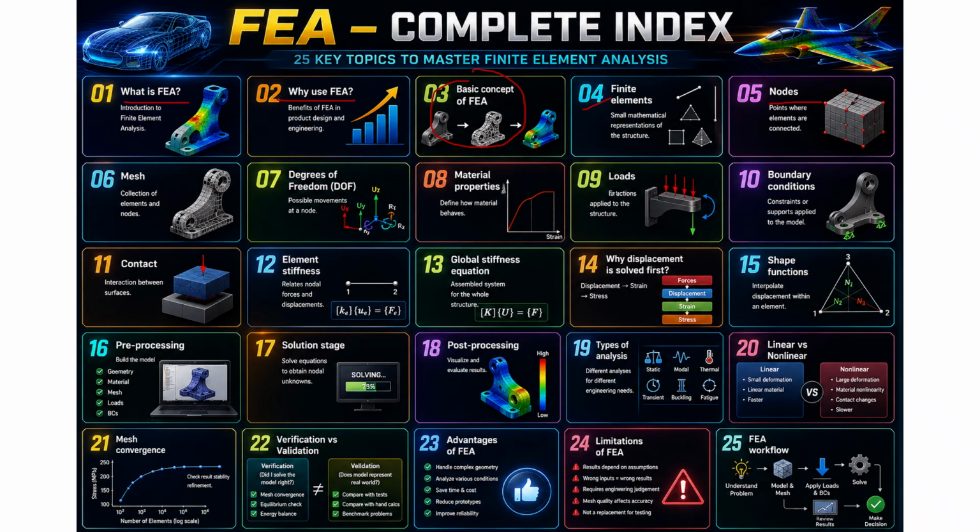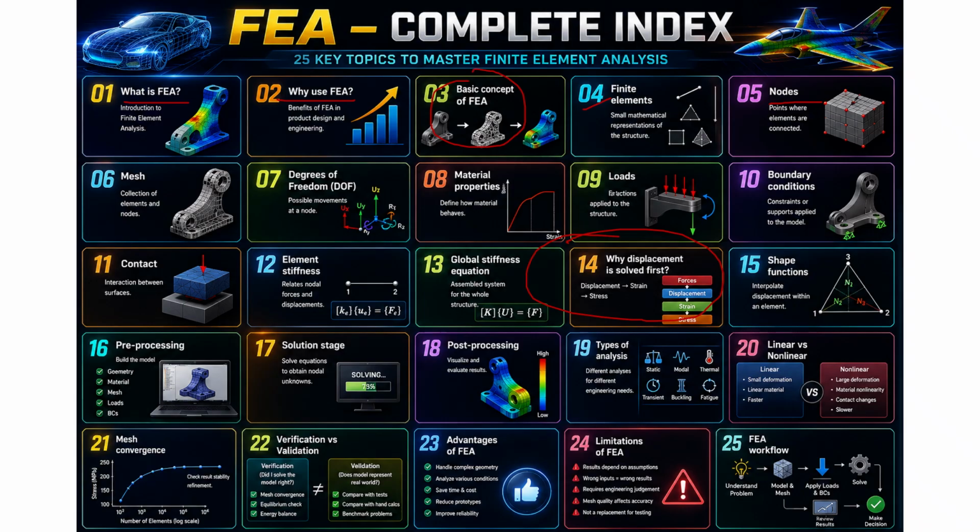What is the element stiffness matrix? What is the global stiffness equation or the global stiffness matrix? Why is the displacement solved first? Why is there a displacement approach in FEA? What is the shape function? What is pre-processing?